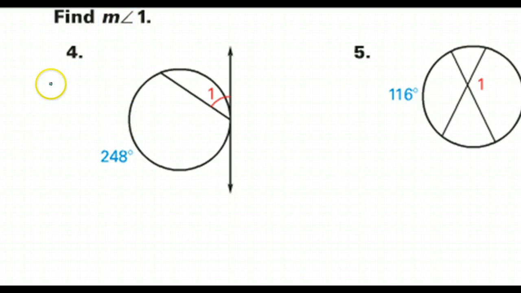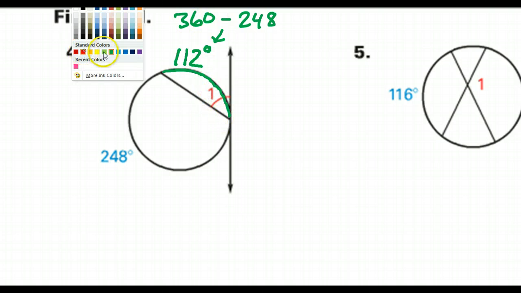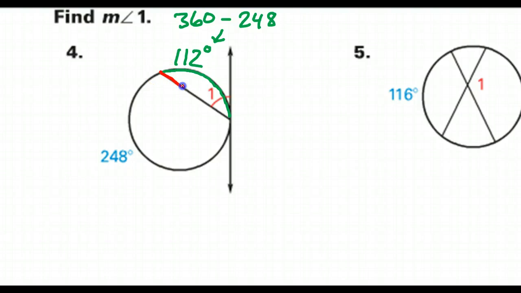So 360 minus 248, that's going to give me this arc right here. So that is 112 degrees.